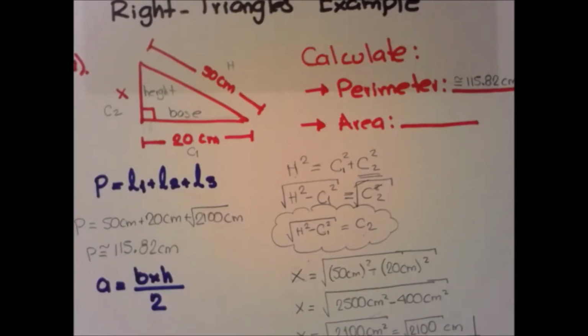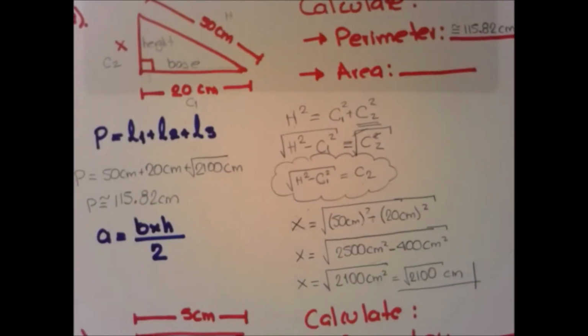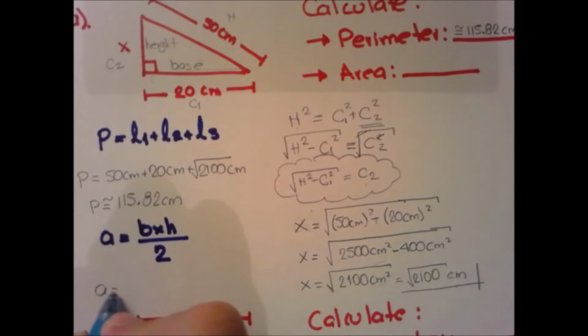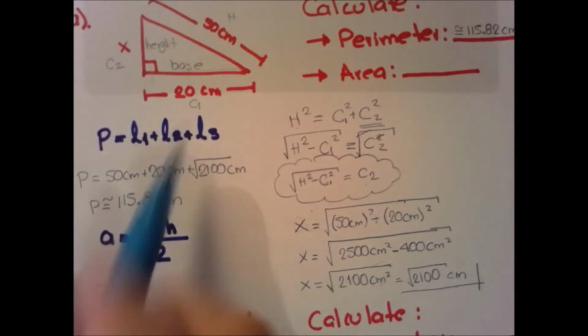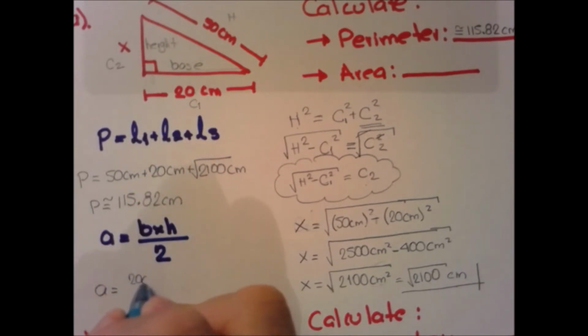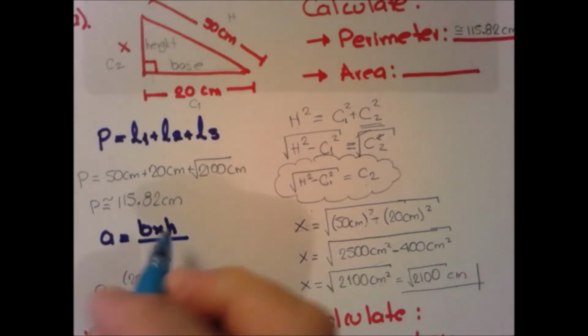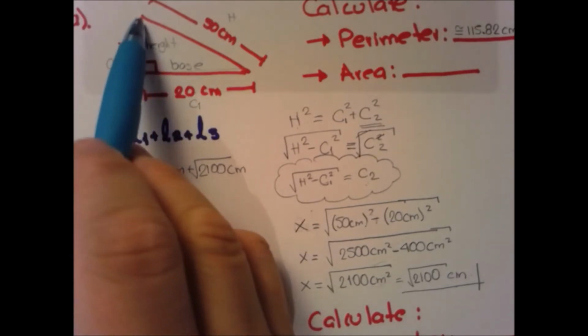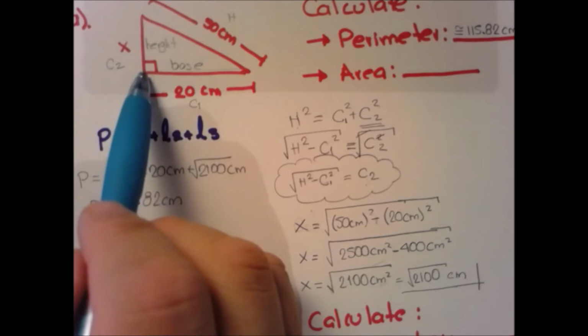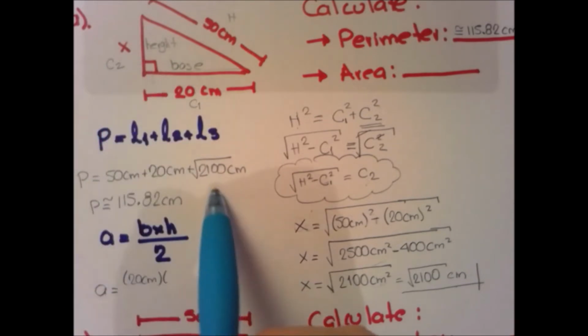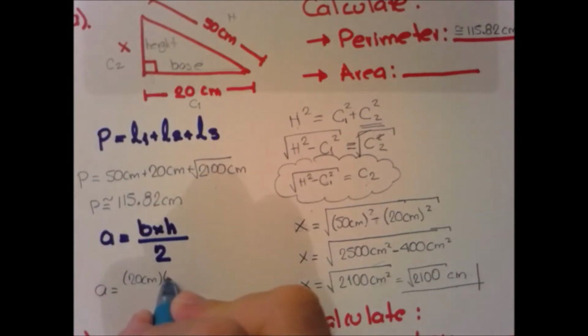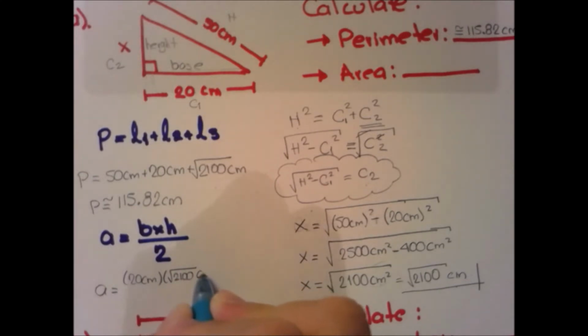And the only thing that I'm going to do is just to apply the formula, and I'm going to say the area is going to be the base, that is 20 centimeters times the height. The height is going to be the side length, that is how much? Is this one, times the square root of 2100 centimeters over 2.